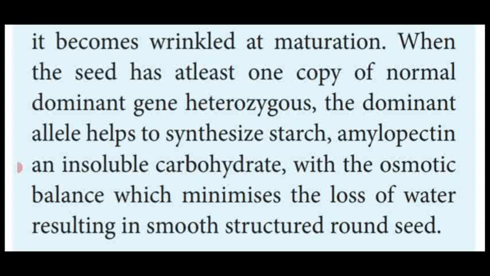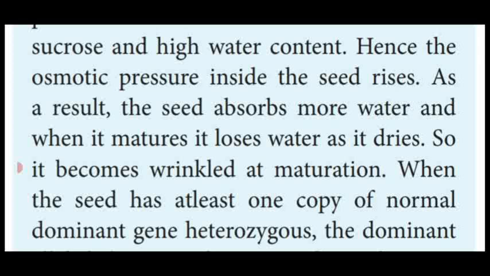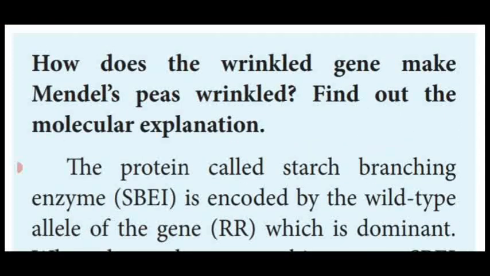So it retains its original shape, that is rounded shape. Due to the loss of water and being unable to produce the starch, amylopectin and the insoluble carbohydrate, the shape of the seed is wrinkled. That is the molecular explanation of how pea plants produce the wrinkled seed.